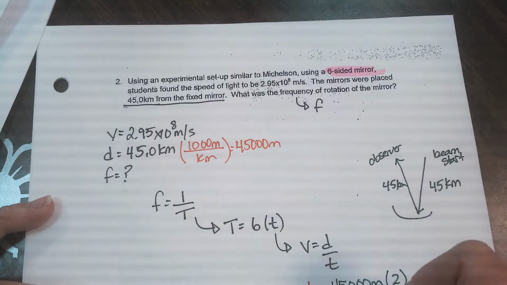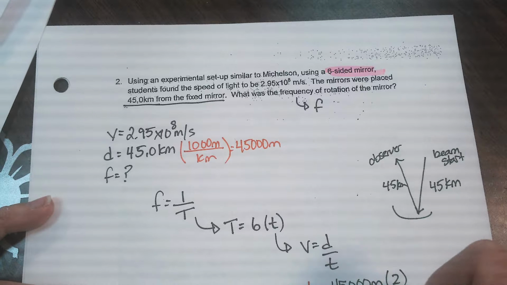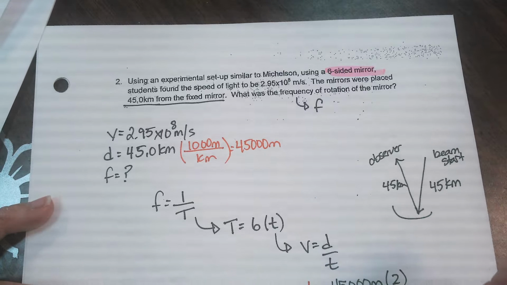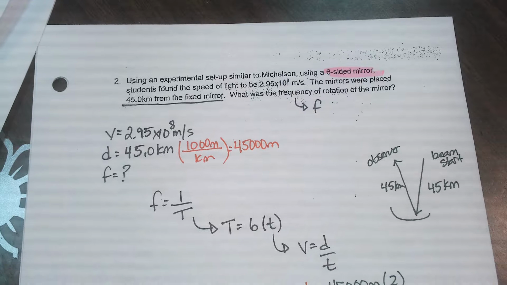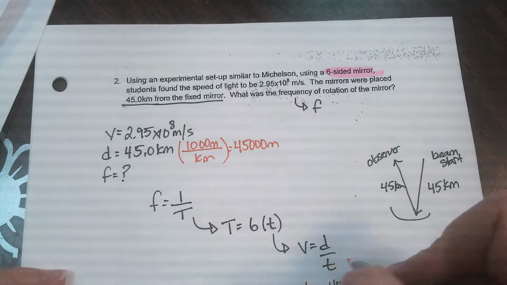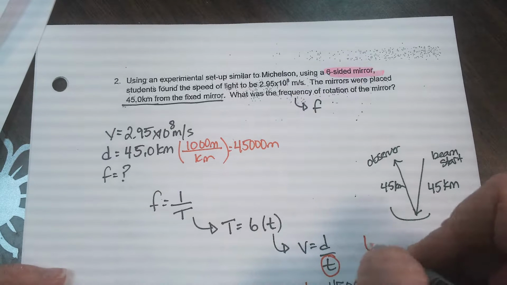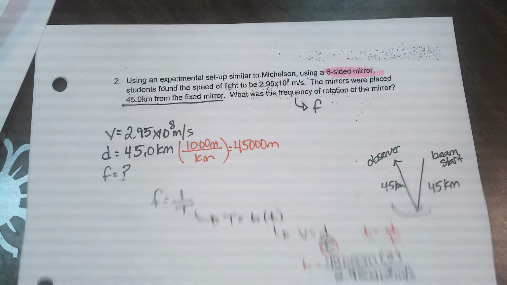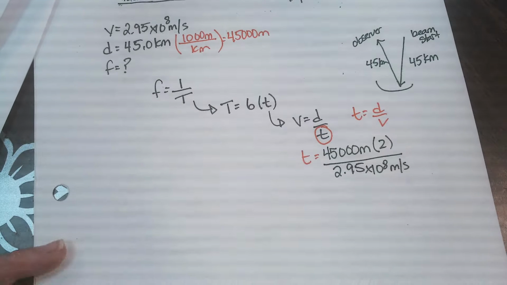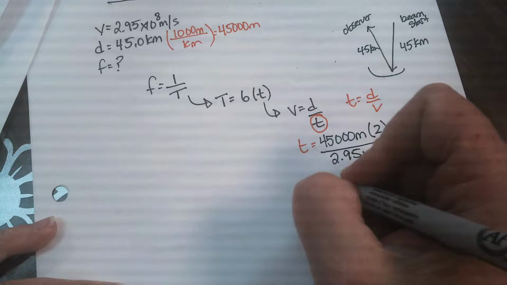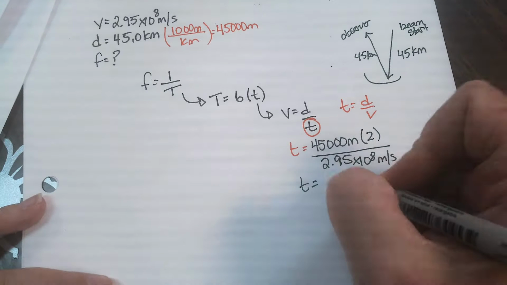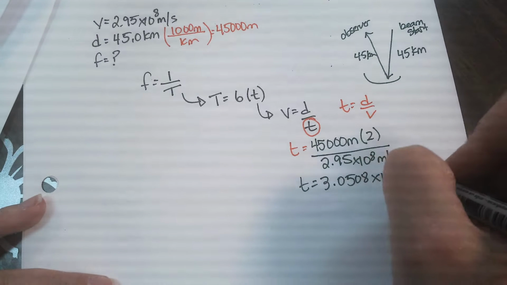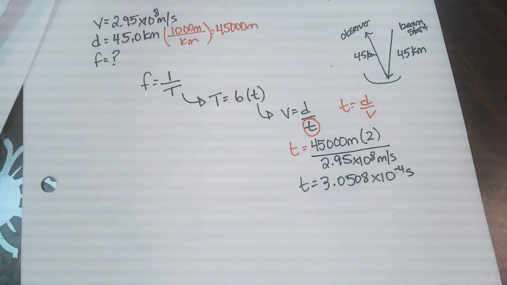And then we're going to divide it by the velocity, 2.95 times 10 to the 8 meters per second, right? Because here we're isolating for time. Time is equal to distance over velocity. Time is going to be equal to 3.0508 times 10 to the negative 4 seconds.